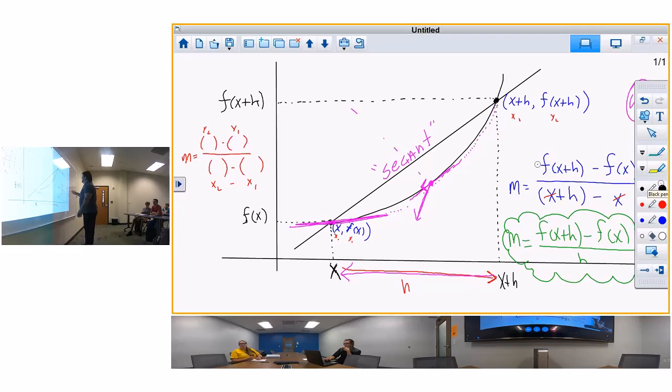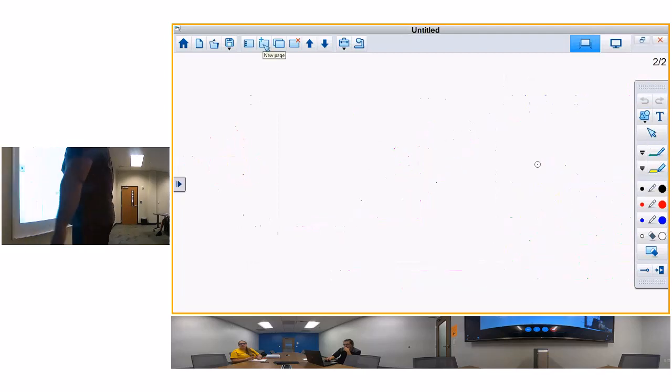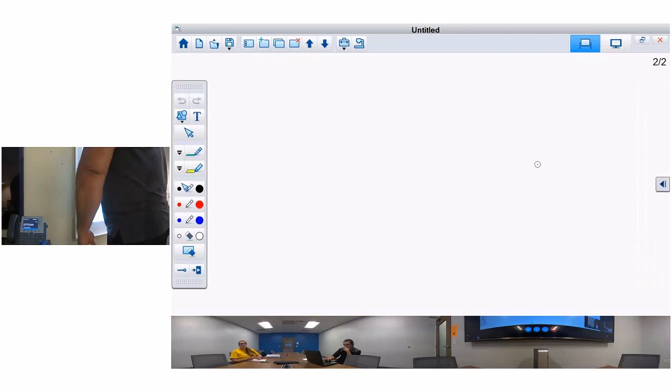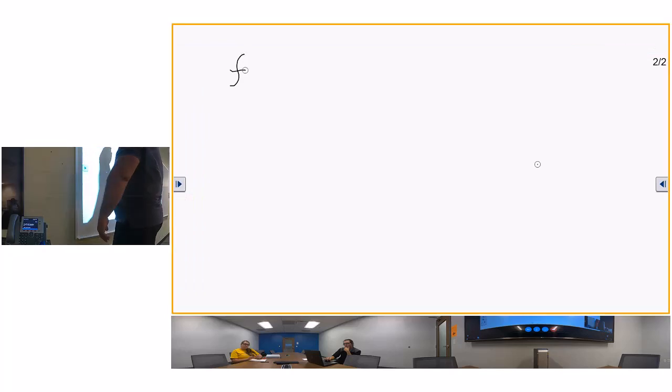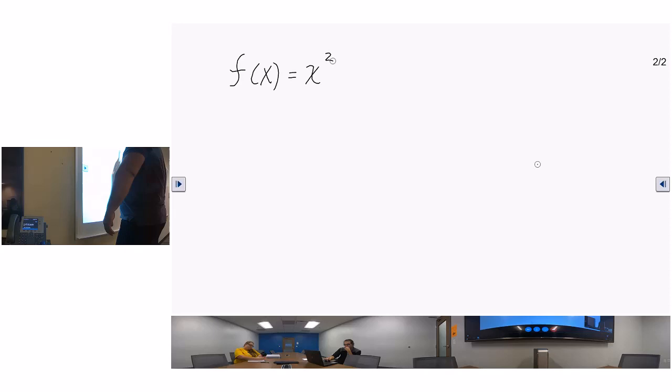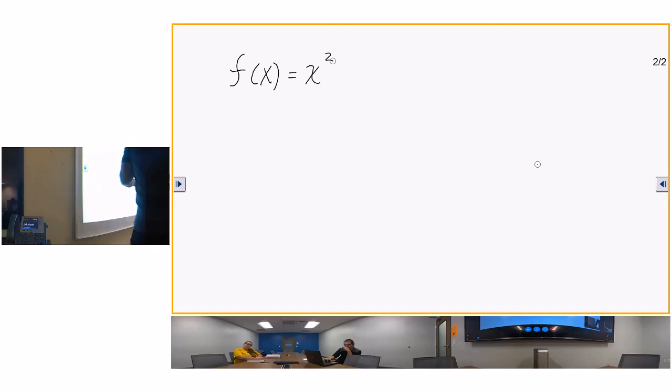Well, let's go to it. Let's take our handy-dandy whiteboard, and let me give you f of x. I have to use a curve, okay? Because it doesn't work if you use a straight line. So we're going to do x squared, which is your basic parabola.